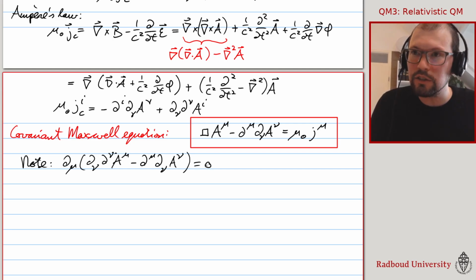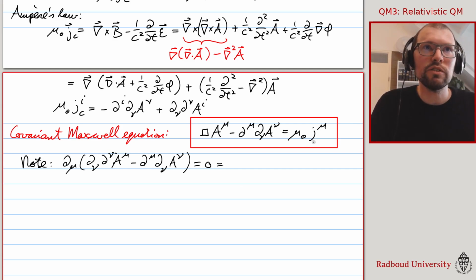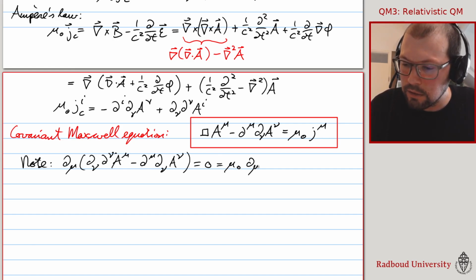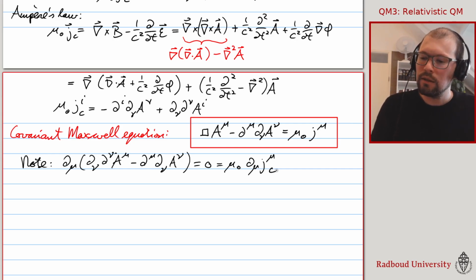So this vanishes, and it means that the right-hand side also vanishes automatically. So the four-divergence of the four-current has to be 0.